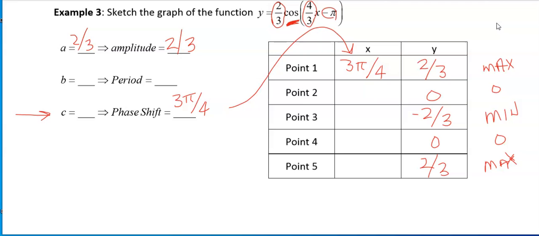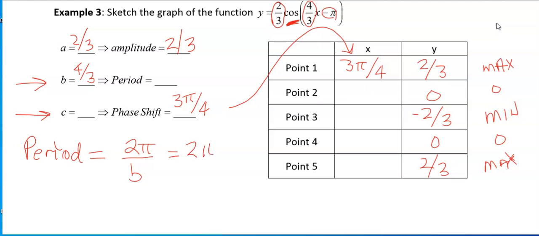I'm at this calculation right now, right there. B, that's the number in front of x, is 4/3. Okay, so the period, I'll just put the calculation down here. The period is always 2 pi on the top, divided by b, which in this case is 2 pi divided by 4/3.